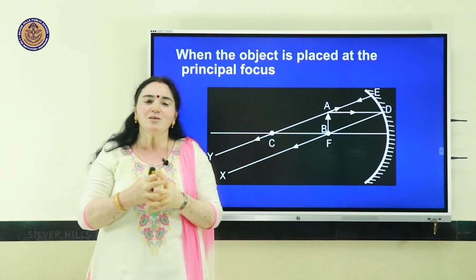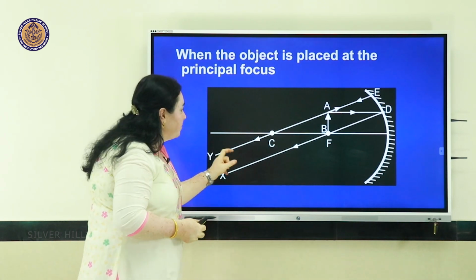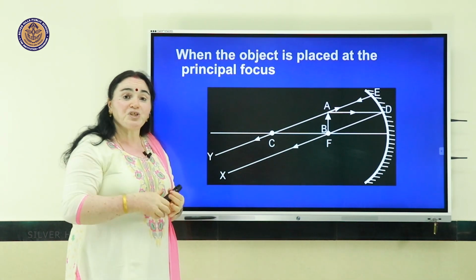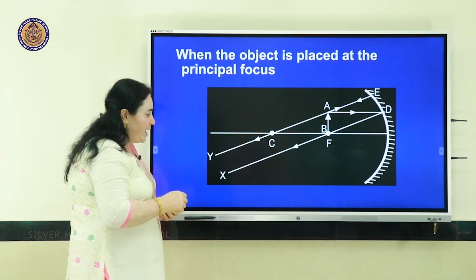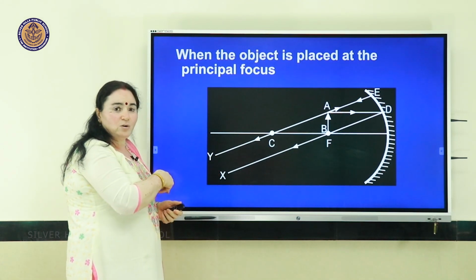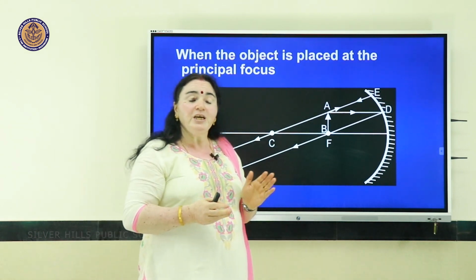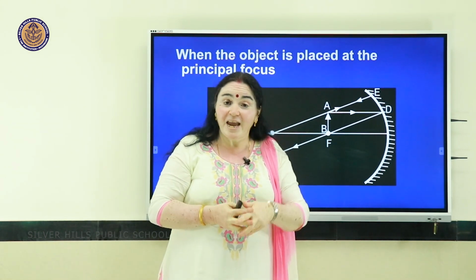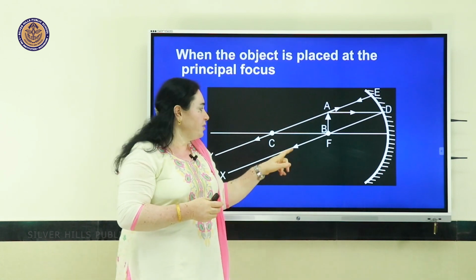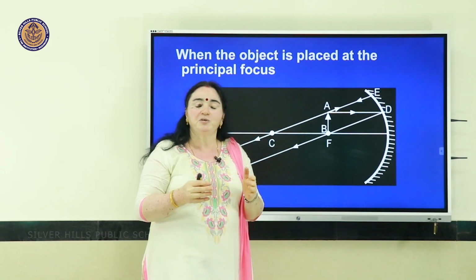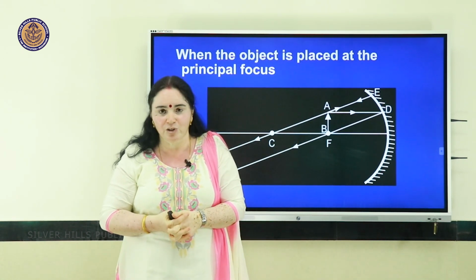When my object is kept at the focus, I am getting the reflected rays which are parallel to each other. And these two parallel rays of light obviously are going to travel some distance till infinity to come together. At the point of infinity, I will be able to create an image which will be very, very enlarged.